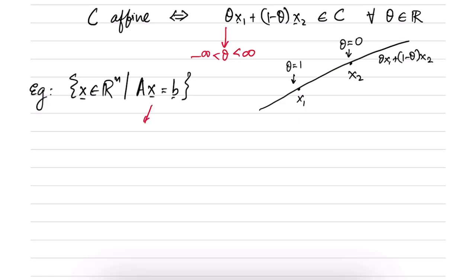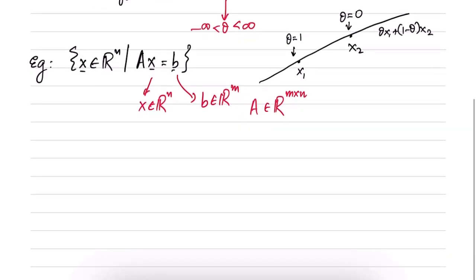So x is in Rn, and I am free to choose b. So b can be in, for example, Rm. So A would be in Rm cross n. So is this set affine? Let us try to answer this question.